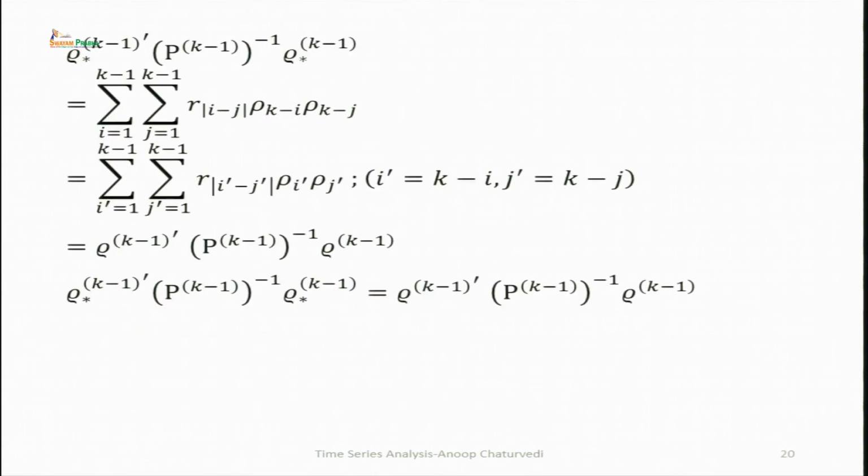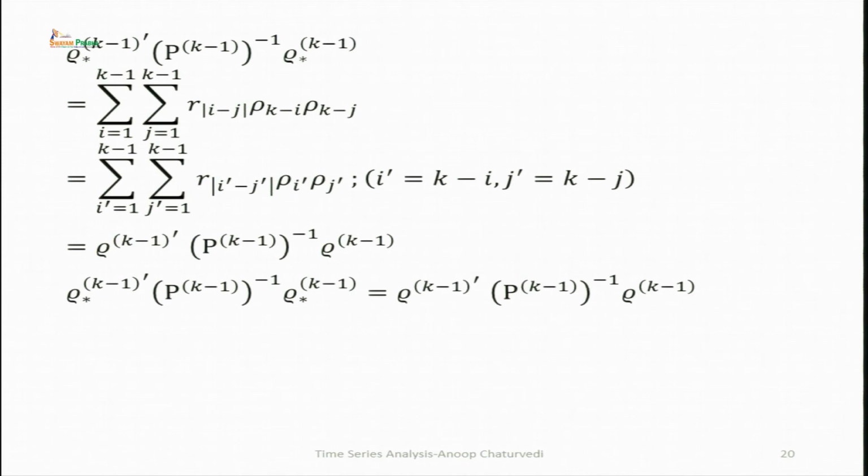Now we can write rho star_{k-1} transpose P_{k-1} inverse rho star_{k-1} in this summation form: summation i equal to 1 to k minus 1, j equal to 1 to k minus 1, r of mod i minus j, rho_{k-i}, rho_{k-j}.